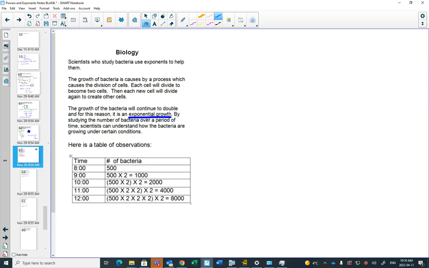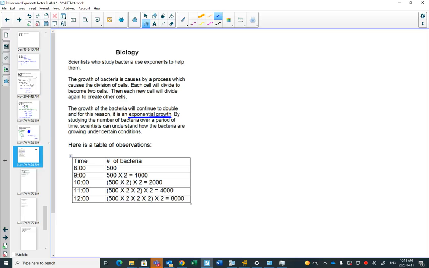So here's what they were looking at. At 8 o'clock, there was 500. And every hour, it doubled. So it started with 500. At 9 o'clock, there was 1,000. At 10 o'clock, it doubled again, which is 2,000.